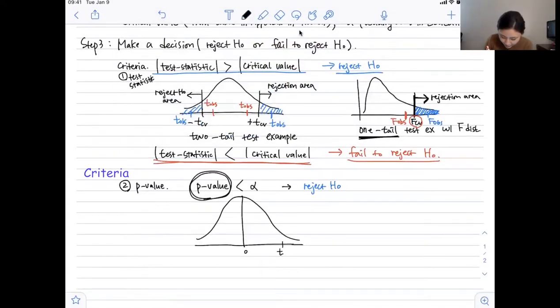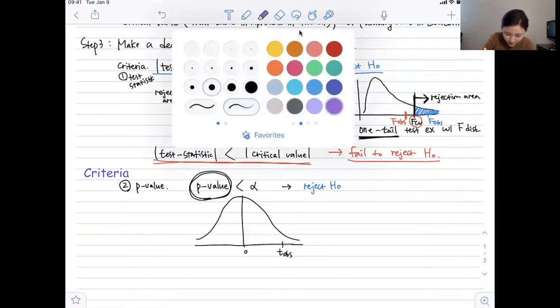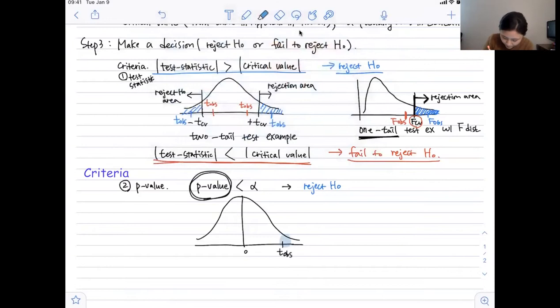If I have a T observed value, the probability of greater than the T observed here, I'm gonna highlight as blue. This is the p-value. And alpha is, if I have a T critical value, after this one, I'm gonna shade it with red, this portion is alpha. For example, we set alpha as 0.05.